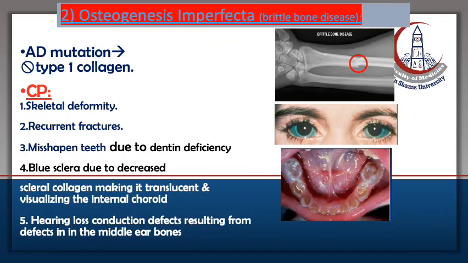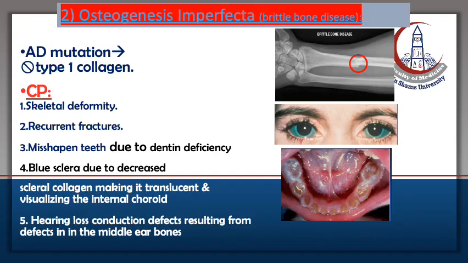The second disease in this hereditary group is called osteogenesis imperfecta or brittle bone disease. It is also an autosomal dominant mutation, and the defect is present in the type 1 collagen, which is the major component of the bone stroma.